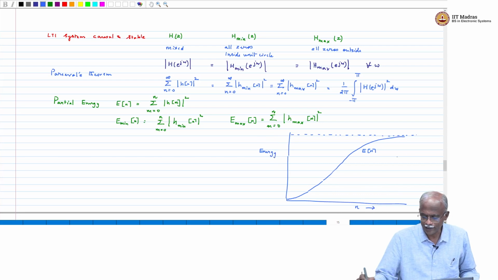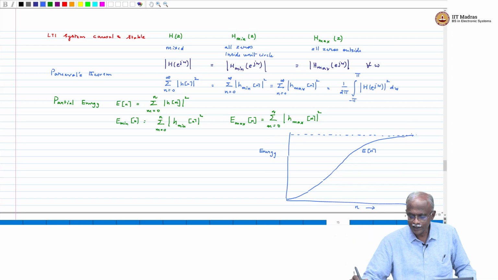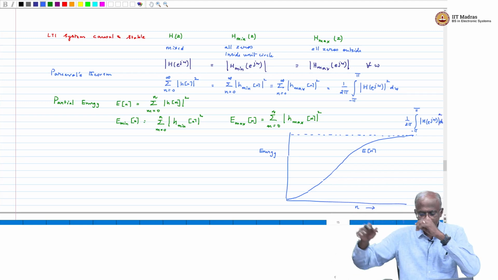When n tends to infinity, this will be equal to 1 over 2 pi integral from minus pi to pi of magnitude of H(e^{j omega}) squared d omega. So basically, the upper limit is reached.